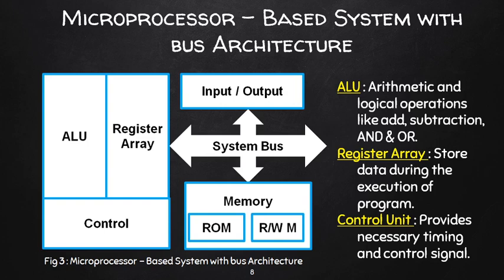All peripherals and the memory share the same bus. However, the microprocessor communicates with only one peripheral at a time, and the timing is provided by the control unit of the microprocessor to decide which peripheral to communicate with at that particular time.